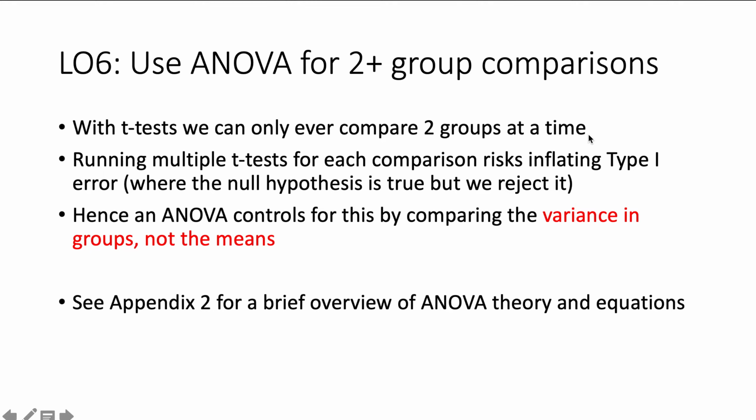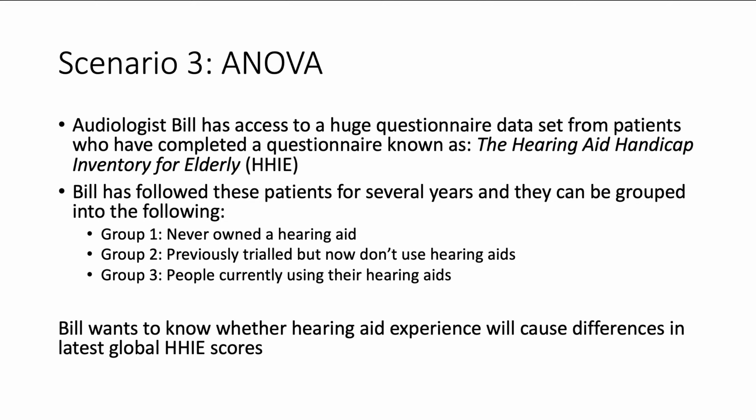We could run multiple t-tests to compare each group to each other, but that risks inflating a type 1 error. Instead, we use the ANOVA to compare two or more groups, but rather than compare the mean, we compare the variance in groups. So here is a scenario that requires the use of an ANOVA.